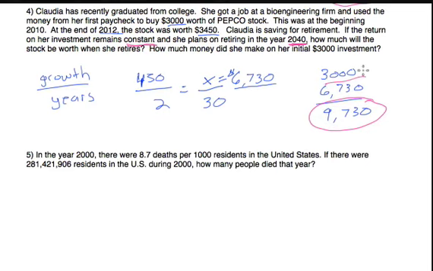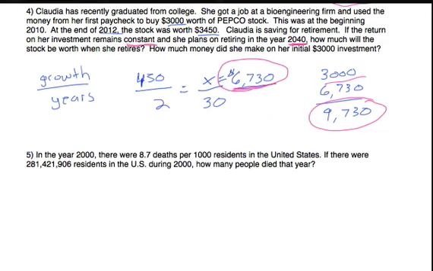You put in $3,000, you don't worry about it, you take out more than 3 times the amount. That's nice. How much money did she make on her initial $3,000 investment? Well, it grew by $6,750, so she made $6,750. And you're going to have to pay taxes on that, and that's fun.